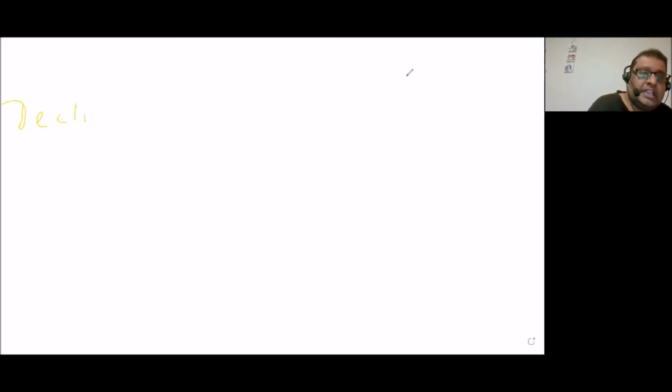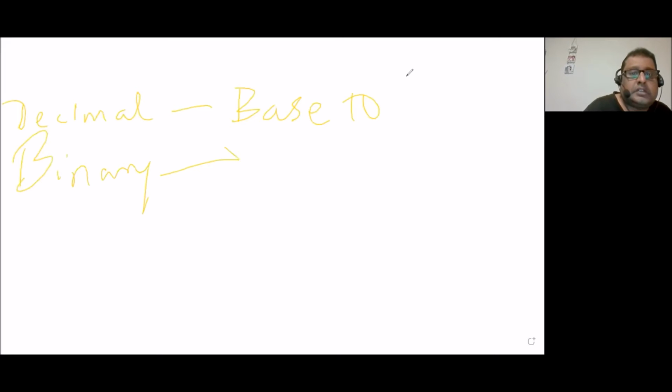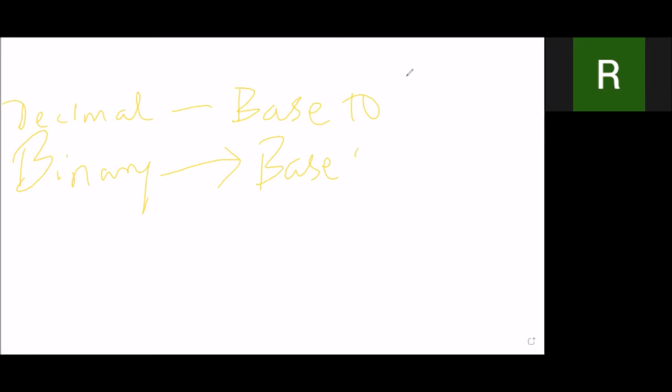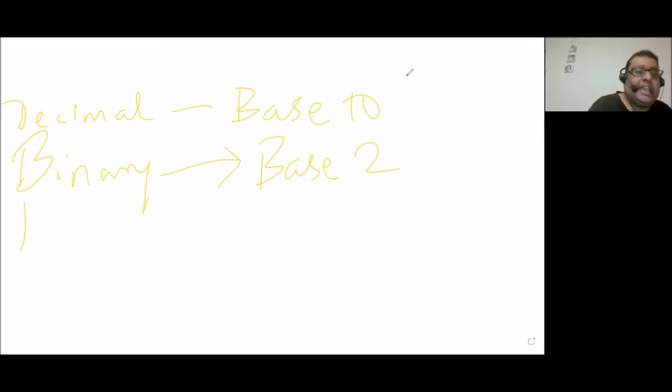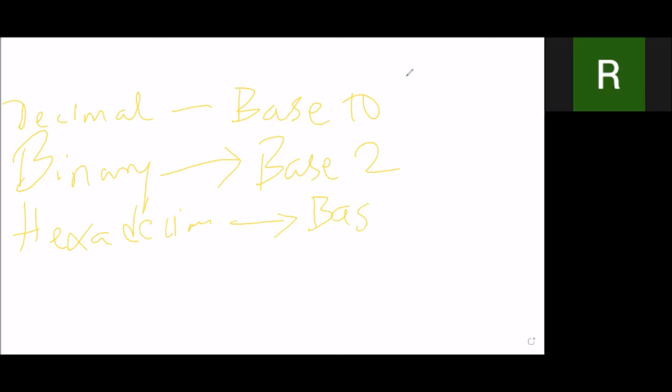All right. In a binary world, the decimal is base 10. In a binary world, it is base how much? So base 2. In a hexadecimal world, it is base 16.